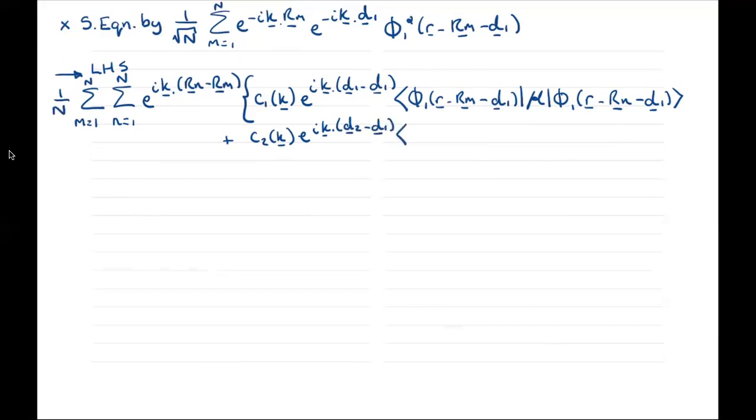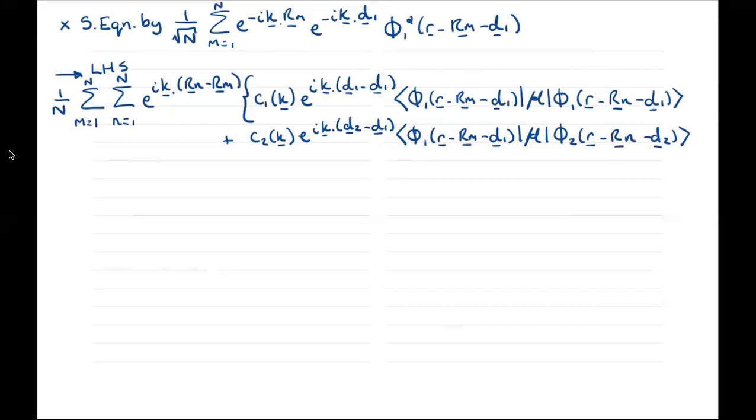And then our integral is phi 1 of r minus r sub m minus d1, H, phi 2 of r minus r sub n minus d2. Okay, hopefully I haven't made any mistakes.